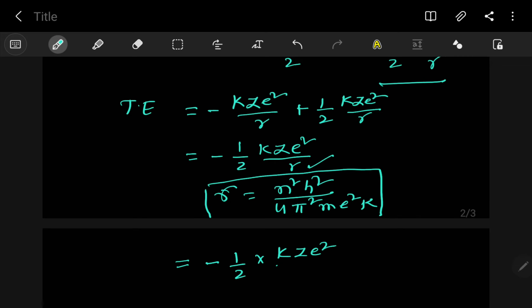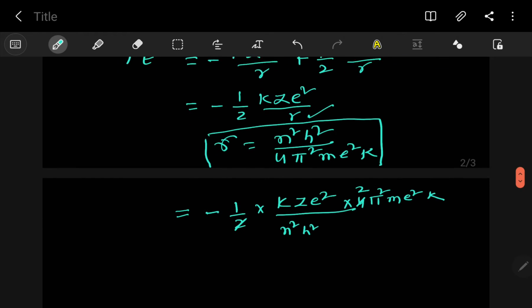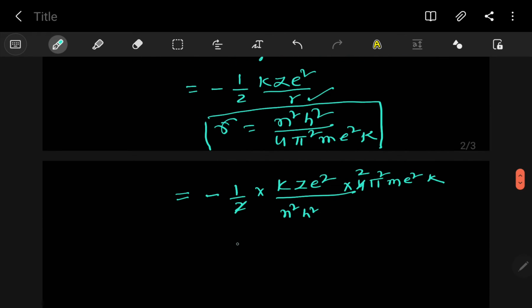In place of r we write n square h square down, and 4 pi square m e square k up. Now this 2 and 2 will get cancelled.